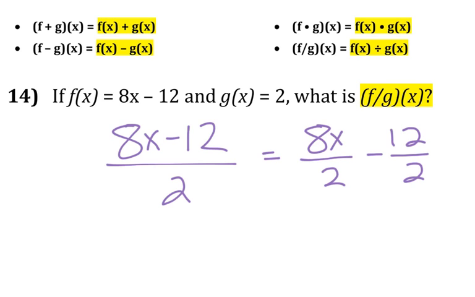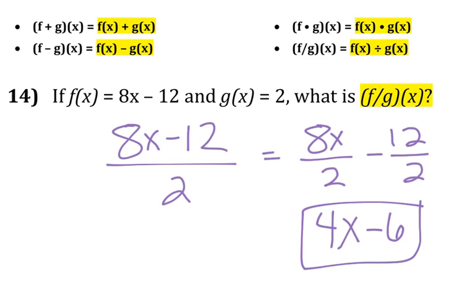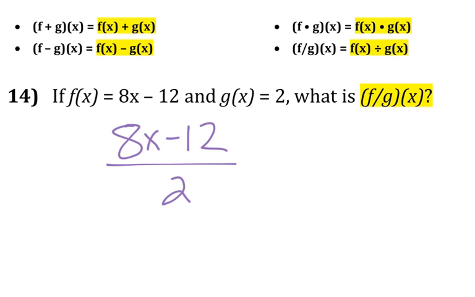And I think that might be a really easy way to write that. So 8 divided by 2 is 4, and 12 divided by 2 is 6, and so that's the answer there. Another thing that you could do, and you'll get a lot more experience with these types of problems next year, but you can say 2 goes into 8 4 times, and it also goes into 12 6 times.